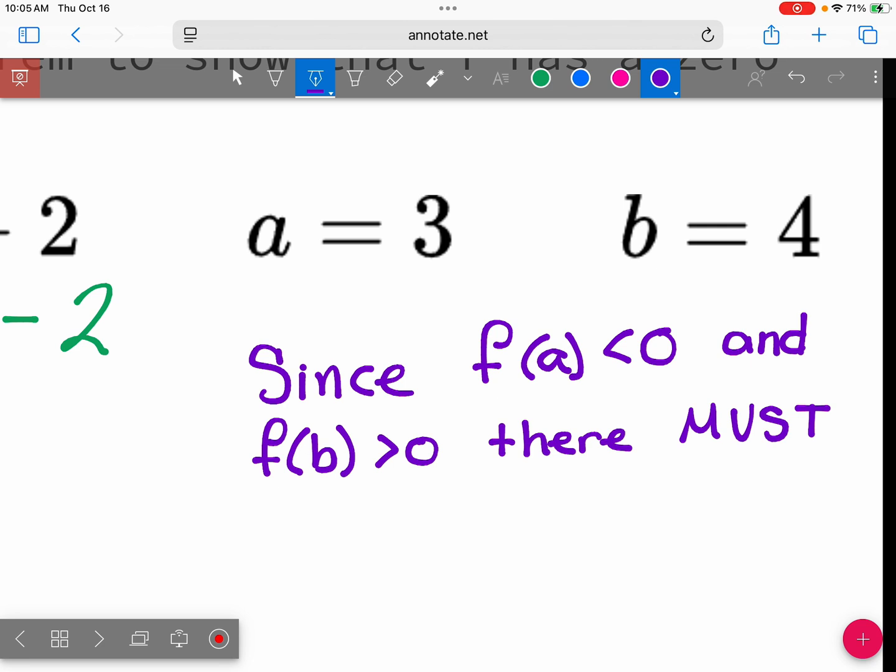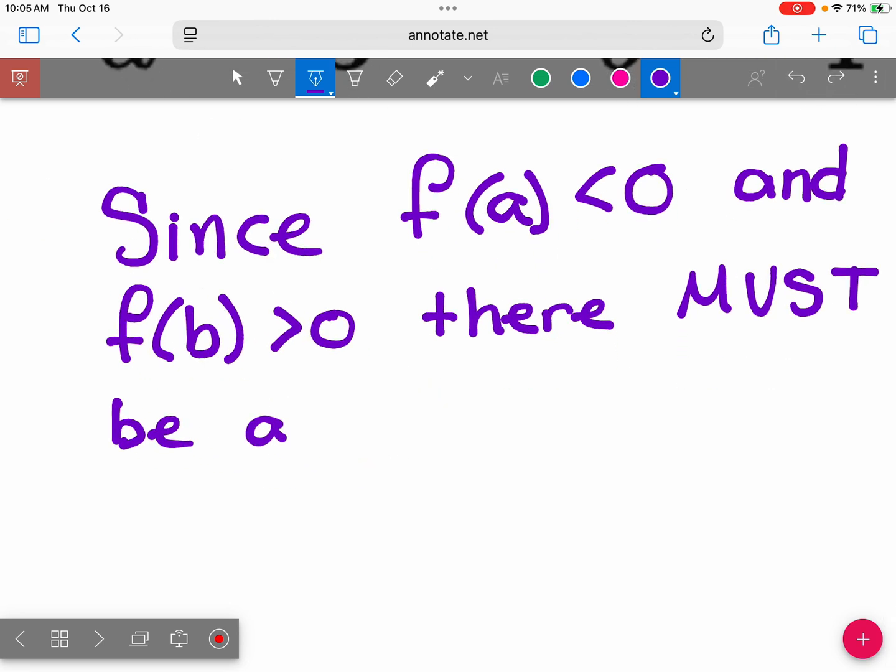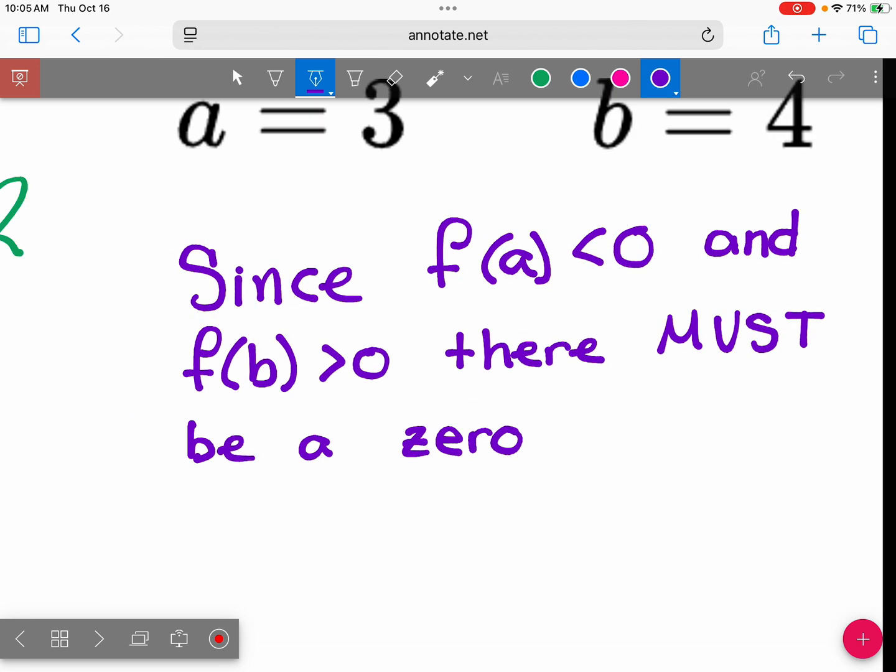I don't care what words we use, just giving the same information. There must be a root, 0, x-intercept, solution, all those synonyms. There must be a 0 in the interval.